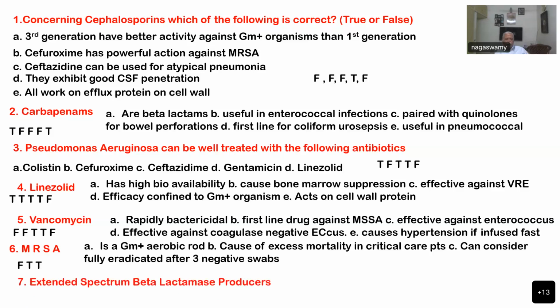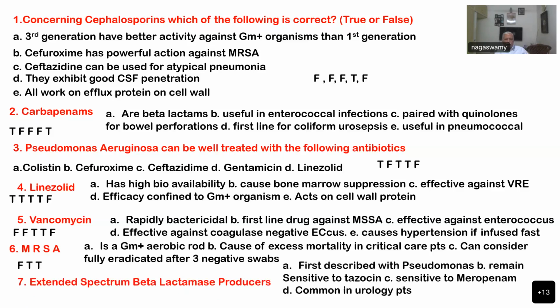The extended spectrum beta lactamase producers. They are first described with Pseudomonas, remain sensitive to tazocin, sensitive to meropenem, common in urology patients. C and D true, sir. Yes, you are right.